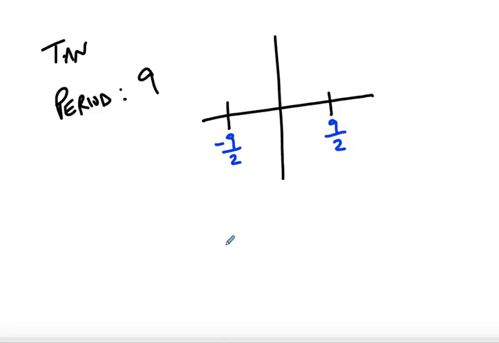You could just leave it like that. Rather than a decimal, fractions would be better. And you would put your asymptotes there. And then you would put your dot in the middle and squiggle up.